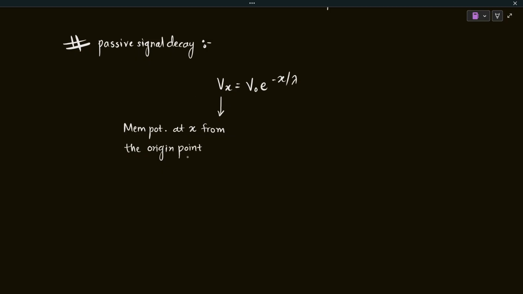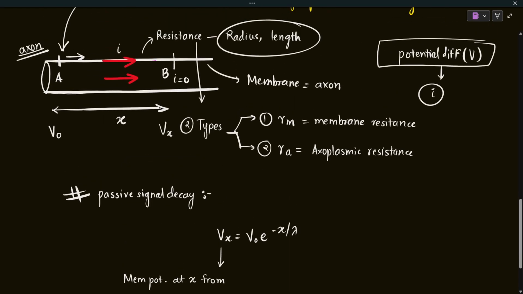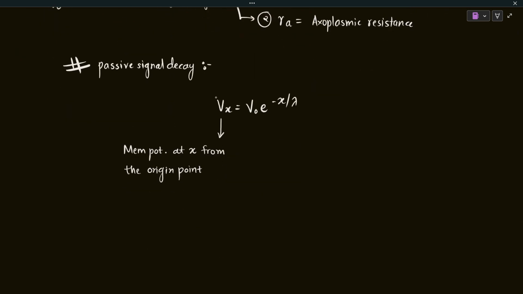The origin point was point A. So in this diagram, from origin point A to the distance x where the current eventually dies out, that membrane potential is known as Vx, while V naught is the membrane potential at x equal to 0, meaning at the initial point, while x is the distance and lambda is the length constant.